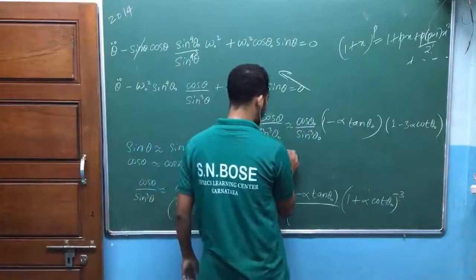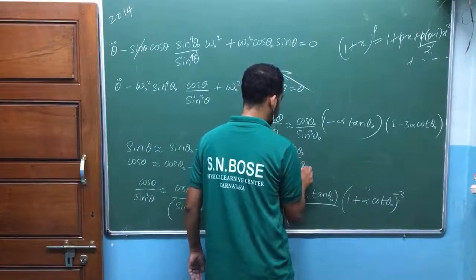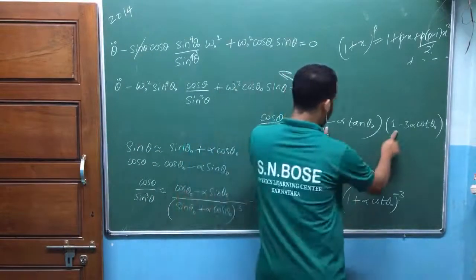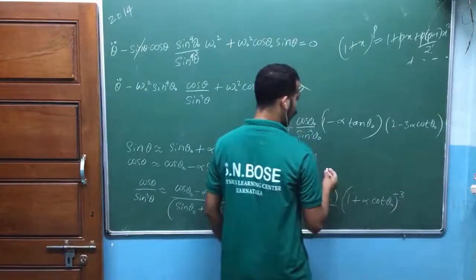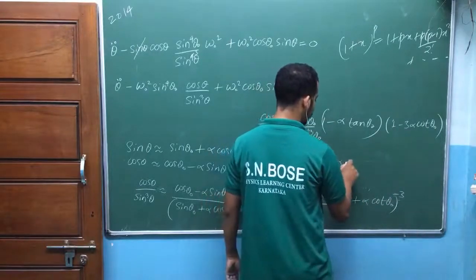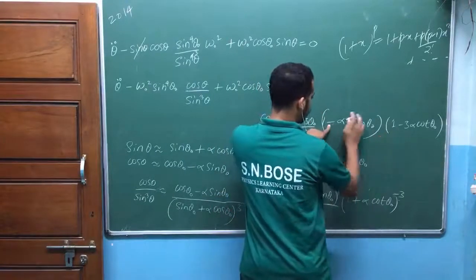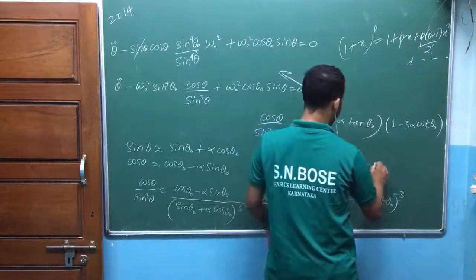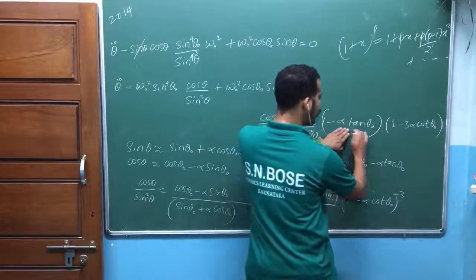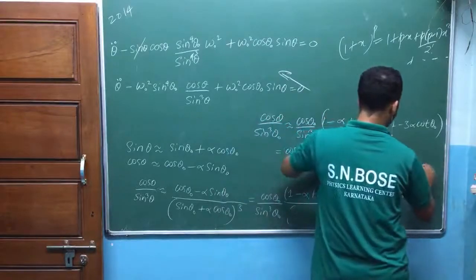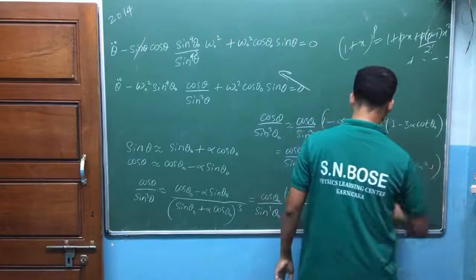Let me multiply these two. Cos theta naught divided by sine cube theta naught, 1 into 1 is equal to 1. 1 into minus 3 alpha cot theta naught gives minus 3 alpha cot theta naught, and minus alpha tan theta naught into 1 gives minus alpha tan theta naught. The last term is the multiplication of these two, plus 3 alpha square tan theta naught into cot theta naught, which equals 1.